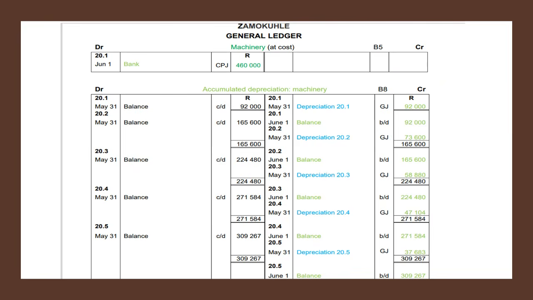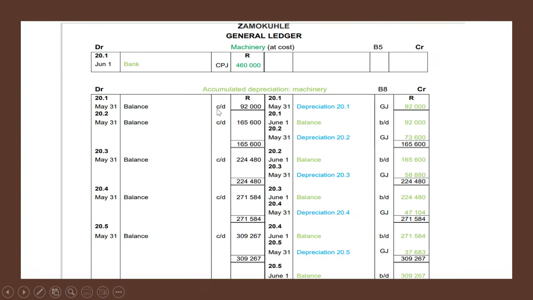So we know how to prepare the machinery account. Because you will have debited it by 460, and then you write the bank on the debit side, because when you debited the machinery, you credited the bank. Then if you move to accumulated depreciation, we know that our accumulated depreciation increases on the credit side and reduces on the debit side.